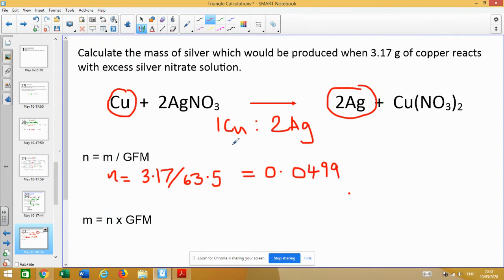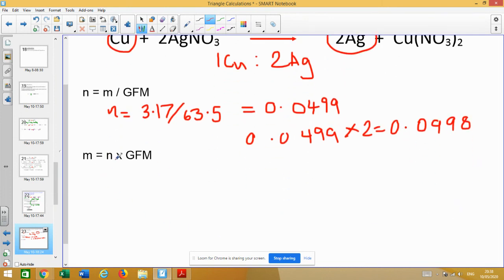You then need to use your mole ratio. You've got a 1 to 2 mole ratio, which means that for 0.0499 of copper, you need to times that by 2 to get your number of moles of silver. We want to keep it non-rounded until the very end if you can. So then it's 0.0998 of silver. We use that in this equation: mass is number of moles times GFM.